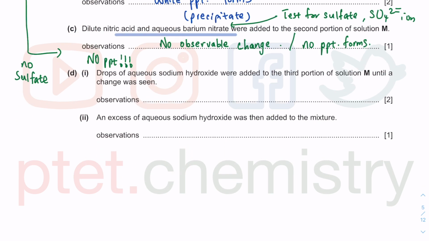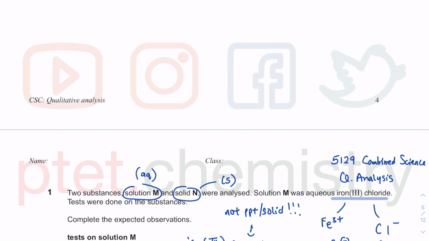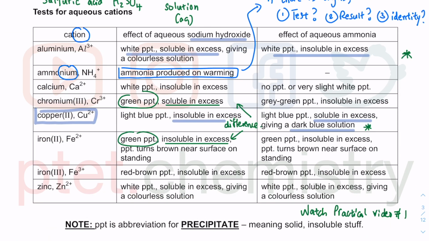For the next bit, drops of sodium hydroxide were added until a change was seen. You add drop by drop, as I showed you in the tutorial video, and then you add excess. This is the test for cations. The cation present was Fe3+. I'm going straight to the table. Iron(III), I'm adding sodium hydroxide.